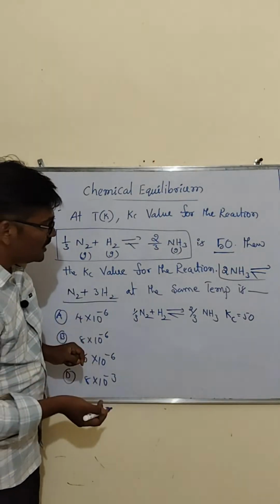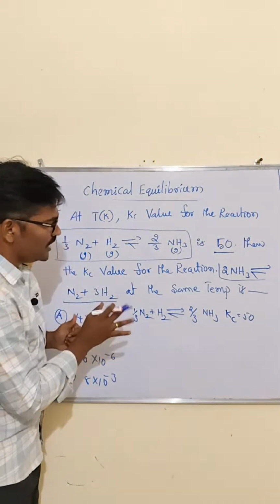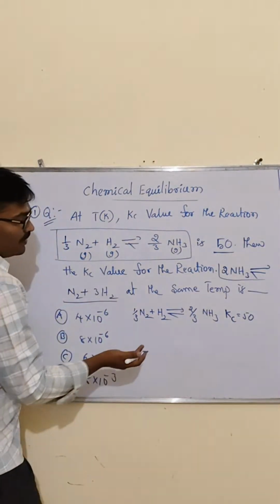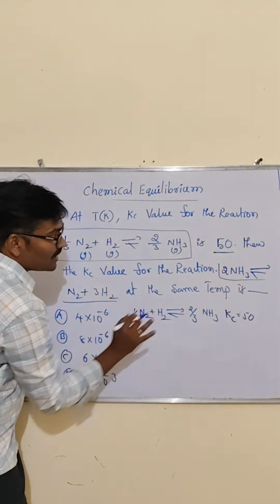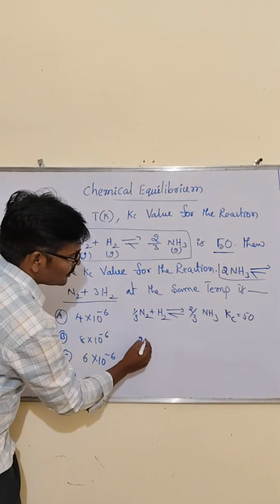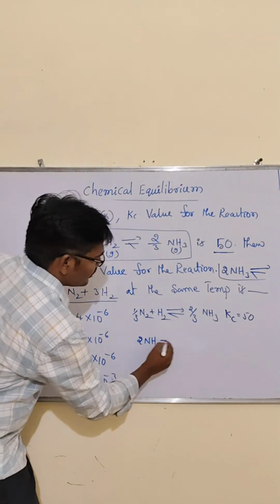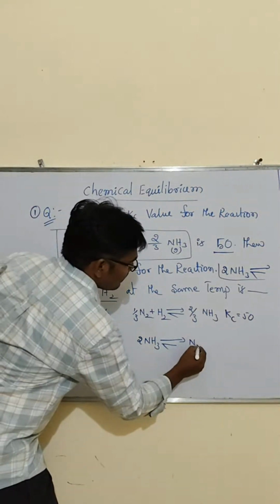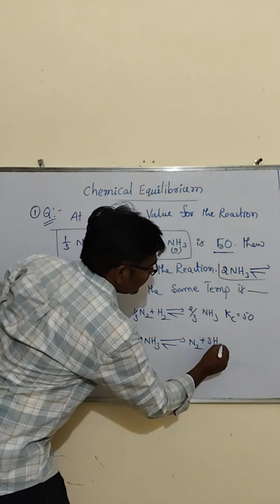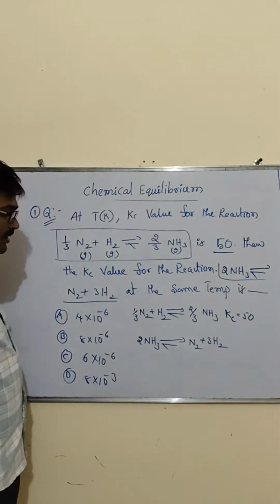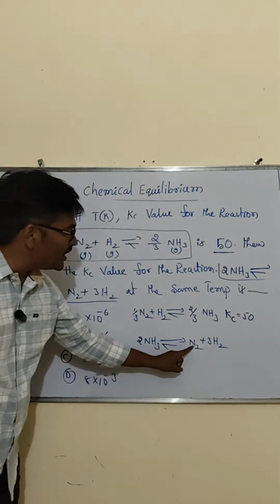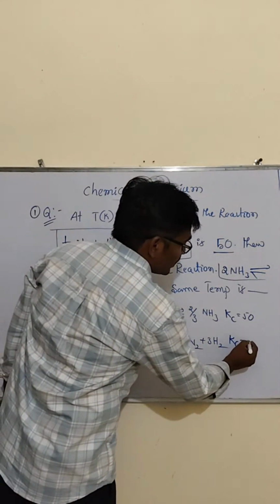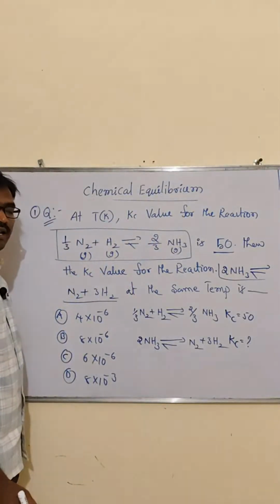The same equation is multiplied with 3 and then the reaction is reversed, giving N2 plus 3H2. Here they are asking what is the Kc value.